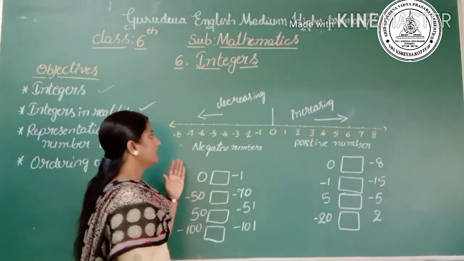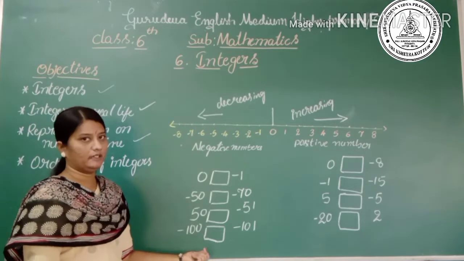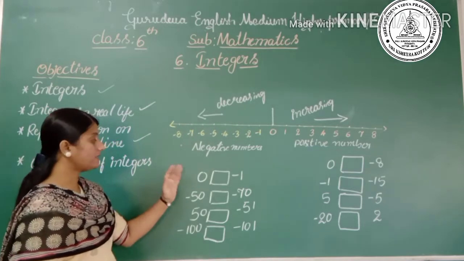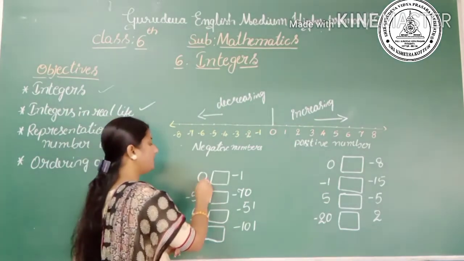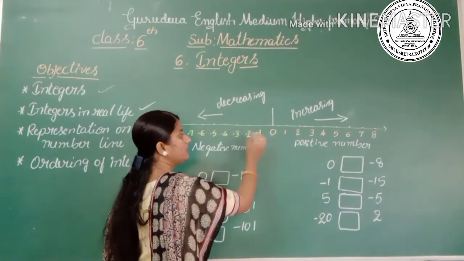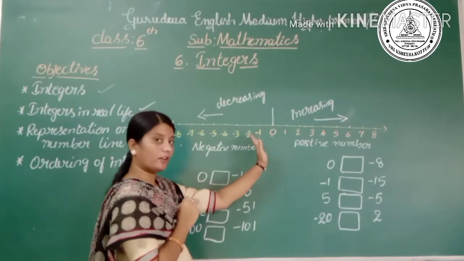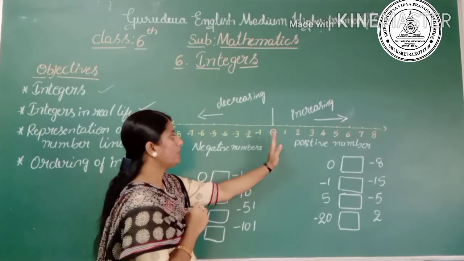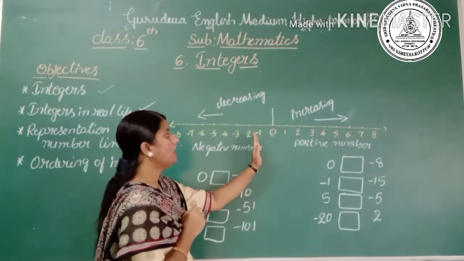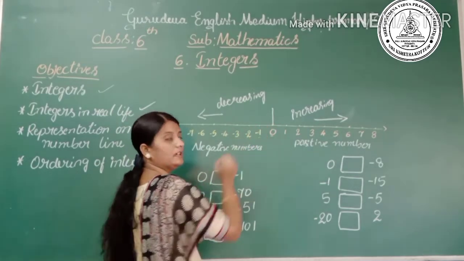Let's compare the numbers by using the symbols greater than, less than, or equal. Here first see the first numbers are 0 and minus 1. Here there is a 0 and here there is a minus 1. Minus 1 is left of the 0.